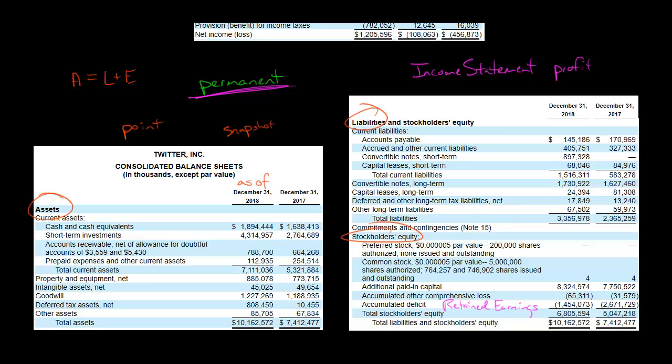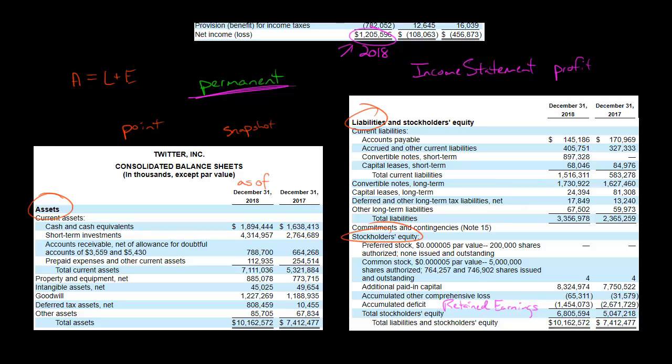Now notice something: that accumulated deficit went from 2.6 billion down to 1.4 billion. So the accumulated deficit got a lot smaller over the course of the period. If you wonder why that is the case, well, here is the 2018 net income. Twitter had over $1.2 billion profit, and that is going to decrease the accumulated deficit from 2.6 billion to 1.4.